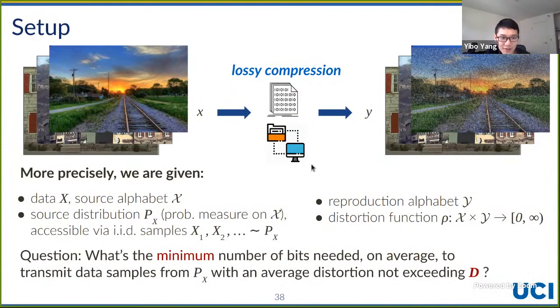To be more precise, we can model the data distribution by a random variable x that takes value in some source alphabet, this set X, and the source induces a distribution. More precisely, it's a probability measure, P of X, on the source alphabet, and we have samples from this distribution that are IID random variables.